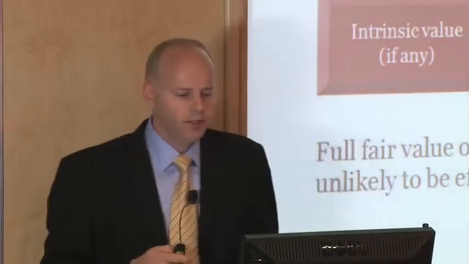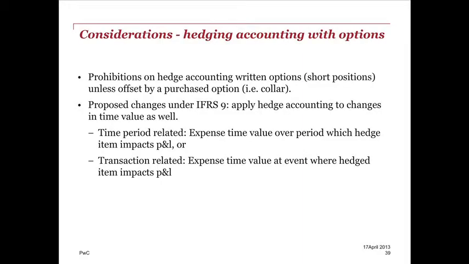So that's worth noting. Again, under IFRS 9, they're becoming a lot more practical, and IFRS 9 realizes this problem, and they've suggested now that you can also apply hedge accounting to the time value of the option, not just the intrinsic value. So changes in the time value will then also go to your hedging reserve, and your actual time value expense will then go through your income statement depending on the underlying item that you're hedging.